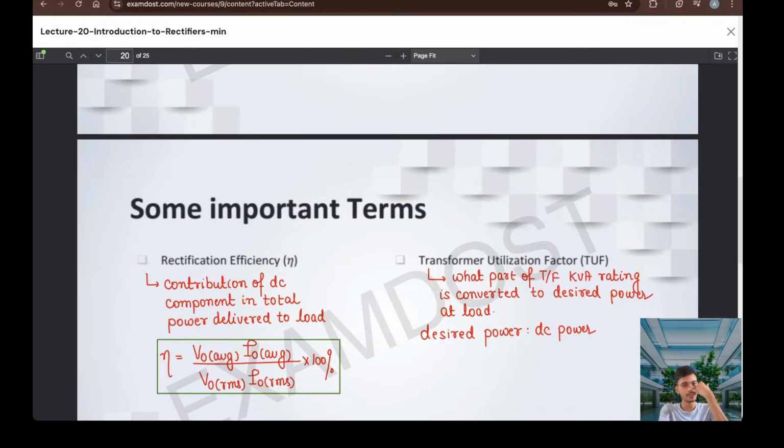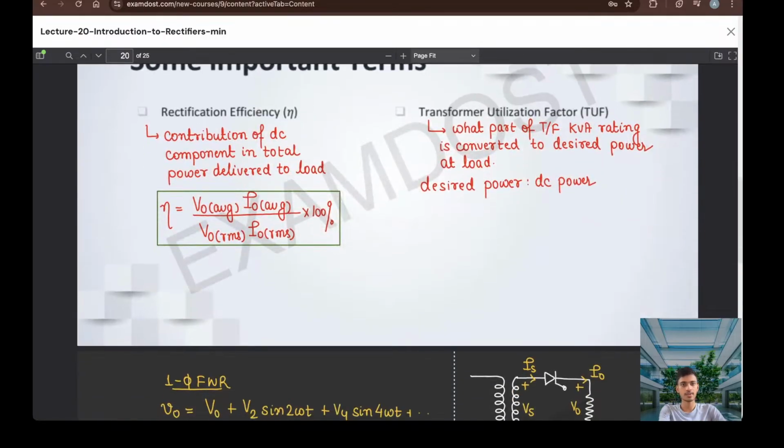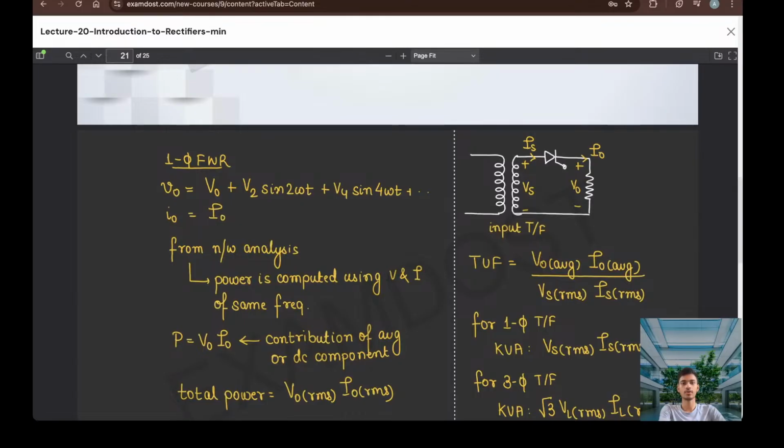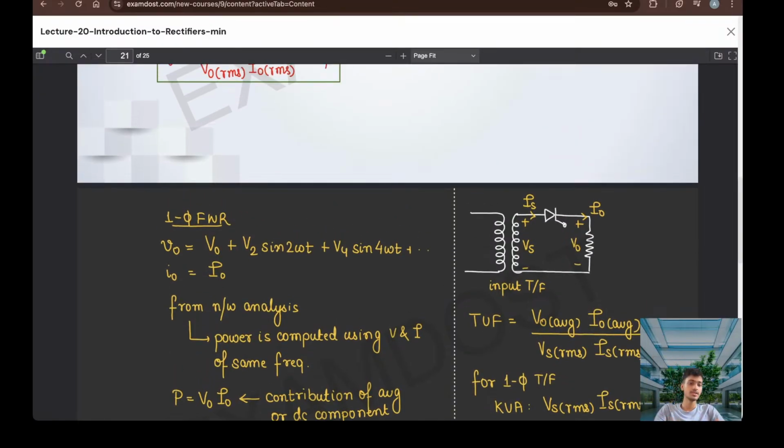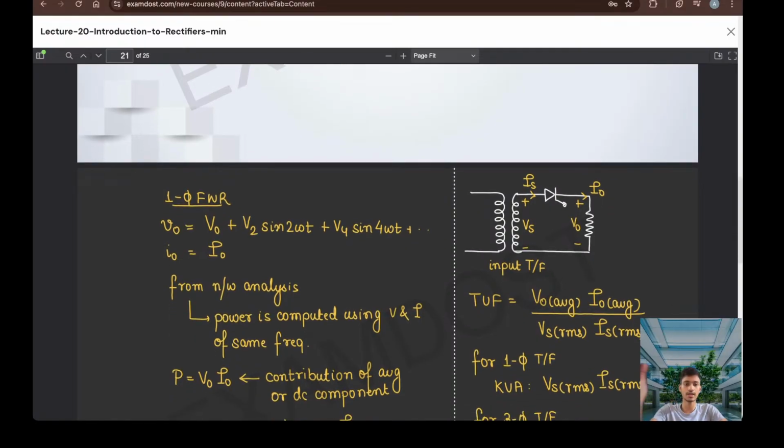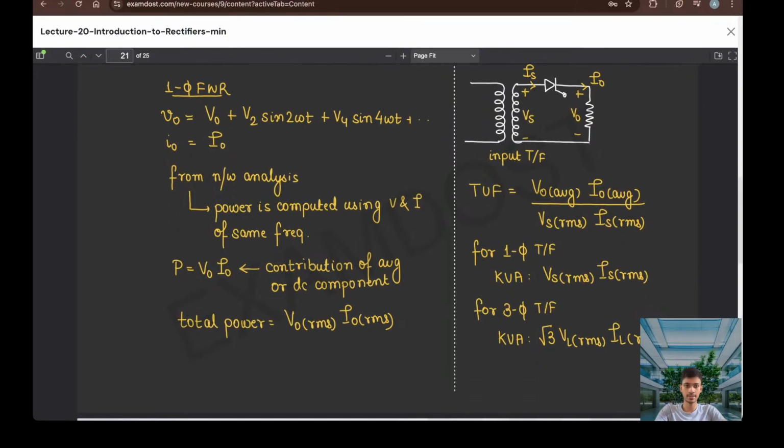Here desirable power at the load is there, but there is the transformer kVA rating, how much is converted? That is important. So we are using something like source here. There was output RMS. So out of the total, how much power got converted as the desirable part. In transformer utilization factor we need the desirable, but how much is coming from the transformer, meaning from the source. That's why we are using something like this.